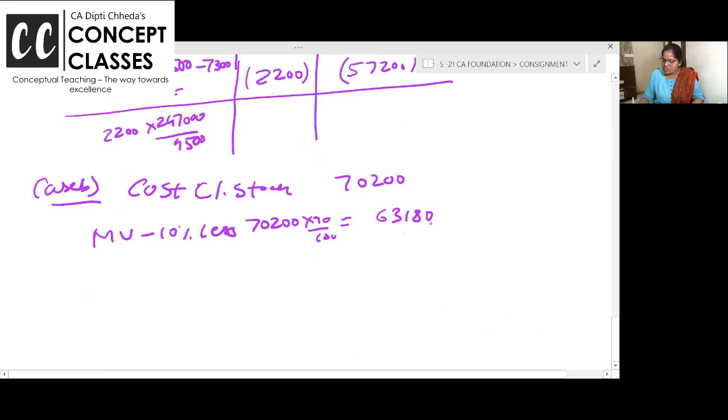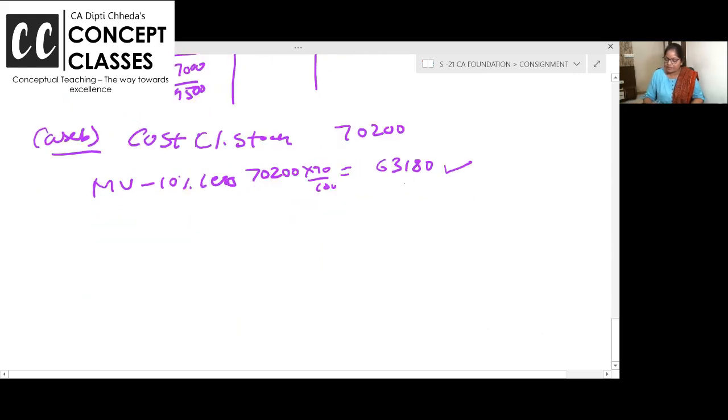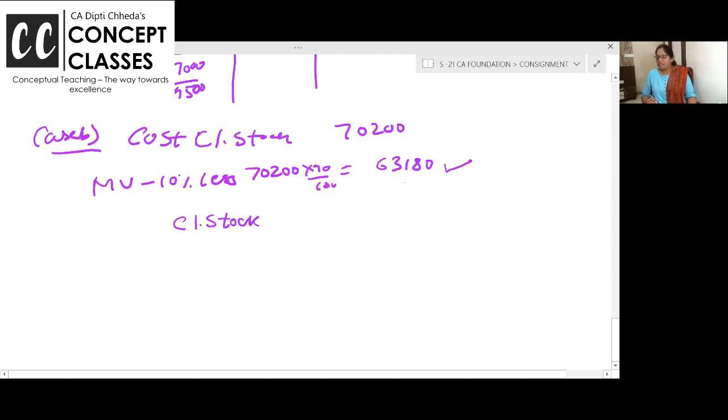Cost or NRV, whichever is lower. So this: closing stock, cost or NRV, whichever is lower, 63,180.